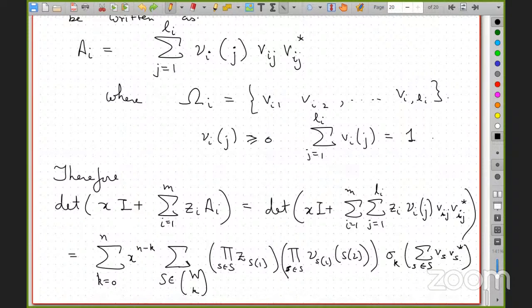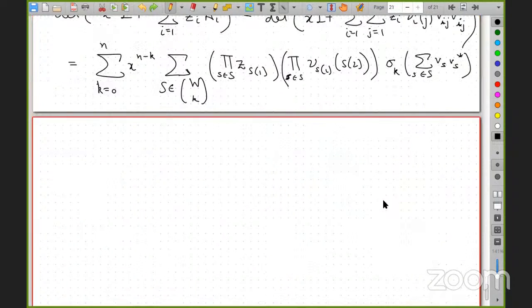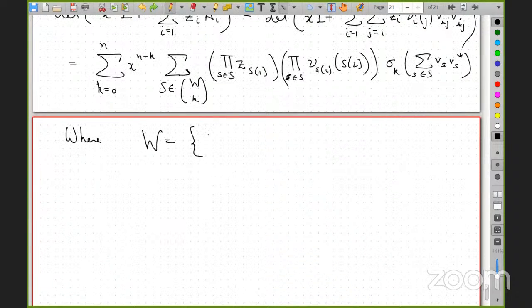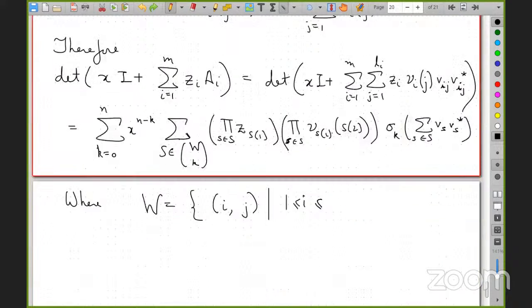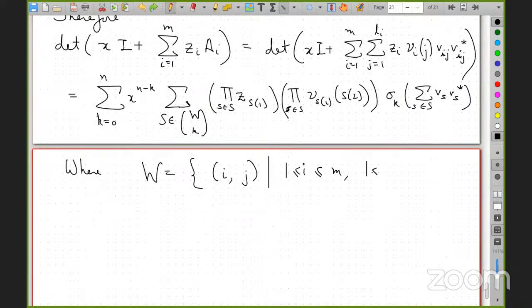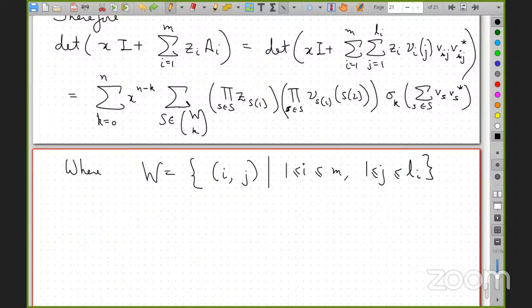So what is now this? Where W is the set of pairs i, j, where 1 is less than i is less than m, and 1 is less than j is less than l_i.